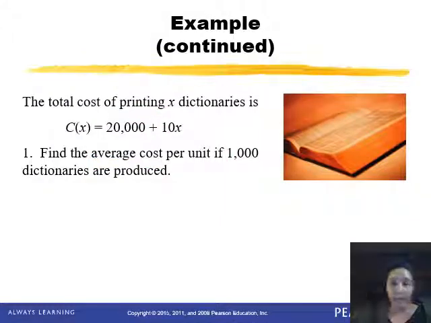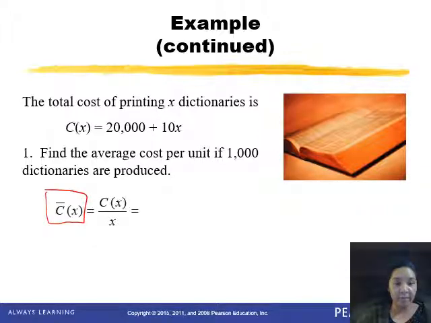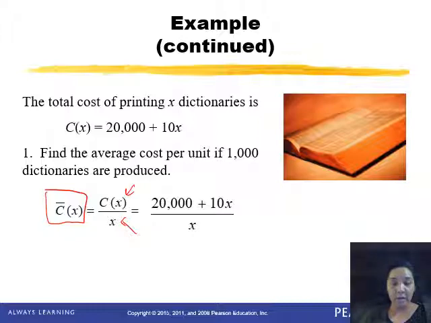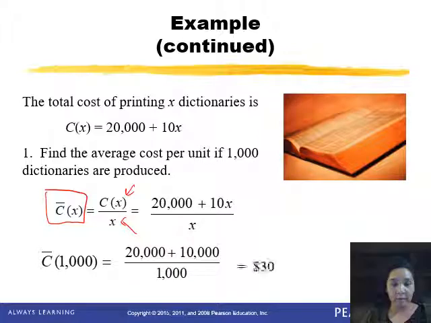And so here we're going to find the average cost by first taking C of x divided by x, and that gives us 20,000 plus 10x over x. So what does that look like? If there's 1,000 dictionaries printed, well, that means the average cost is $30 per dictionary, okay?